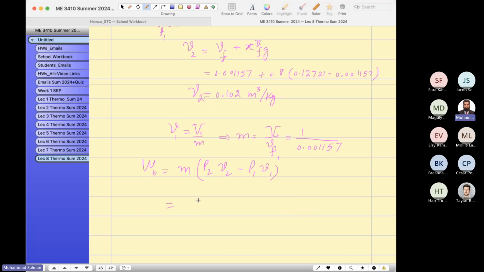P2 and P1, it is 1554.9. V2 is 0.102 minus V1 is 0.001157 divided by.